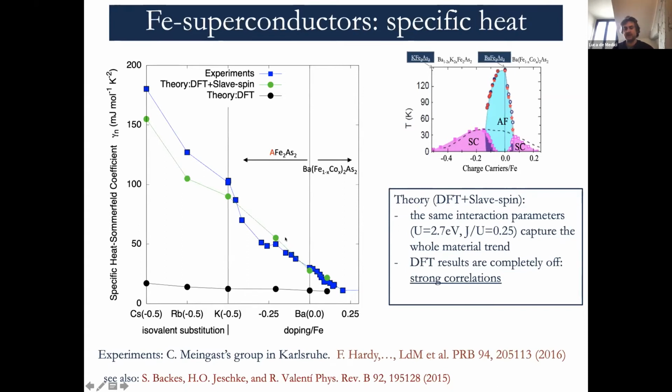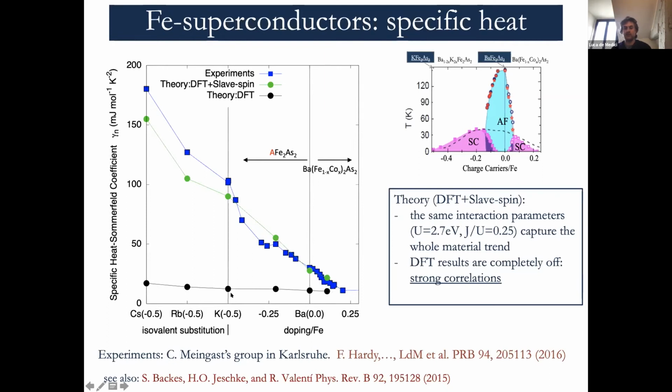Here is one of our main comparisons with experiment, for the Sommerfeld coefficient, which tracks the strength of the correlations as a function of doping, and here also with some further substitution of the cations that increases the correlation in the 1-2 family, shooting up, whereas the DFT cannot follow.